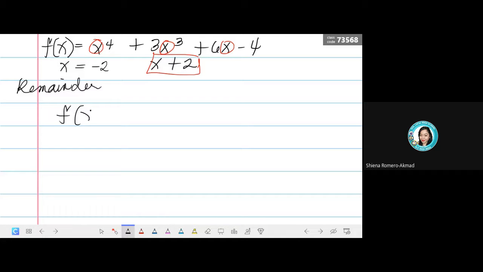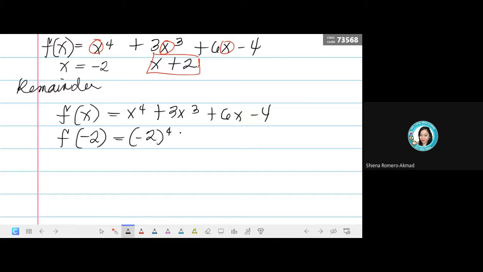So we have f of x is equal to x raised to 4, rewrite ko lang, 3x cubed plus 6x minus 4. Pag nag-substitute tayo dyan, f of negative 2, so negative 2 raised to 4 plus 3 times negative 2 cubed plus 6 times negative 2 minus 4, ang makukuha natin dyan actually is yung remainder.